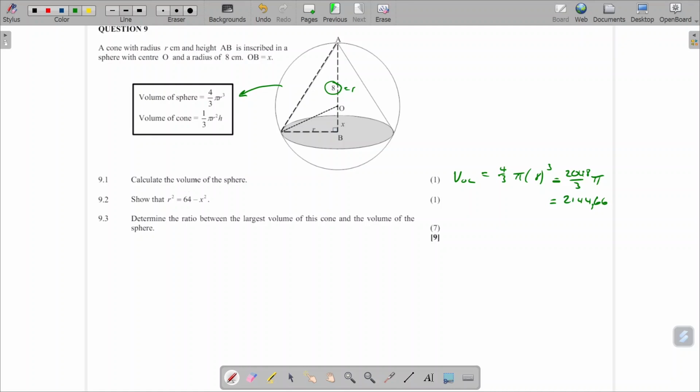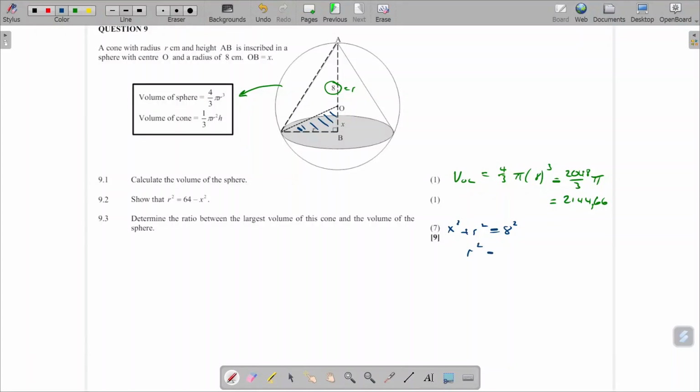Show that r squared is this value here. So let's have a look at what they're talking about. R squared equals 64 minus x squared. So if I look at this triangle in the center in terms of Pythagoras, I would realize that x squared plus r squared equals 8 squared.